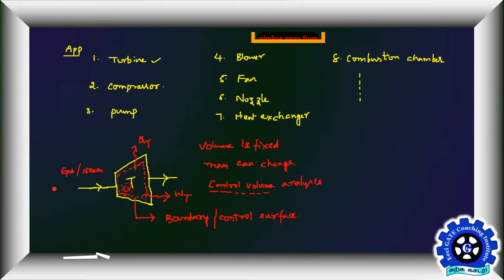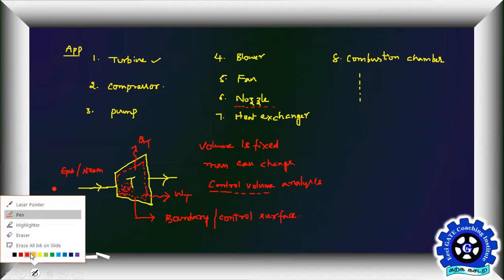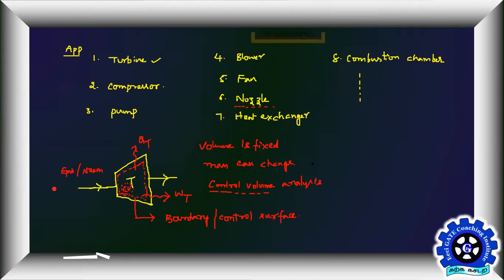So just to get a feel for one more example, let me take a very important application, which is the nozzle. Remaining all are similar to your turbine, but nozzles are a little different. This is how a nozzle will be. This is technically called a convergent divergent nozzle.